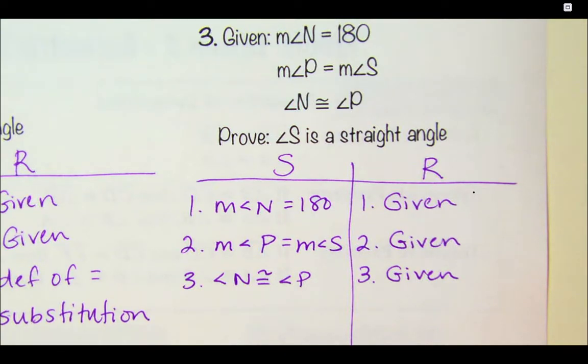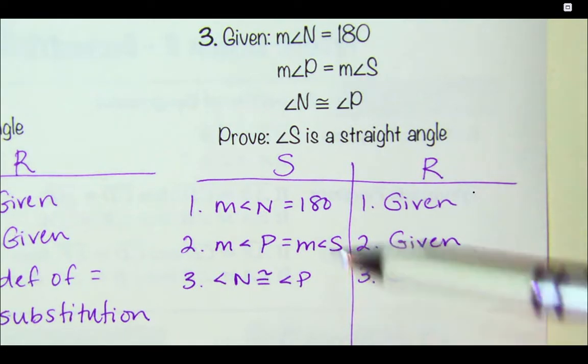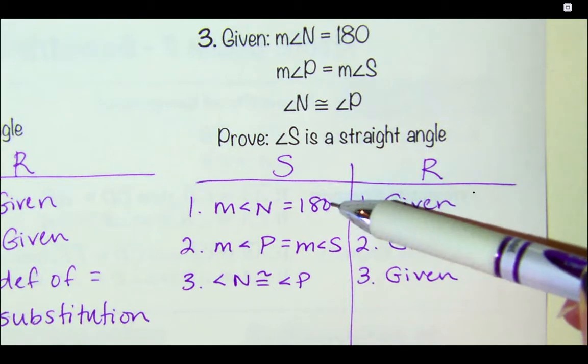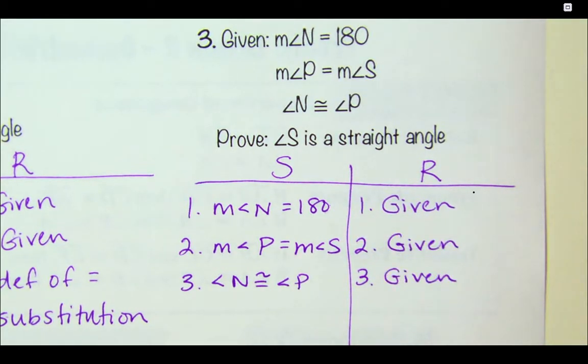Right before you prove that S is a straight angle, what do we have to prove about it? That it is equal to 180. Good. So if we could figure out a way to say that S equals 180, then we could say it's straight. So we already have that angle N equals 180.